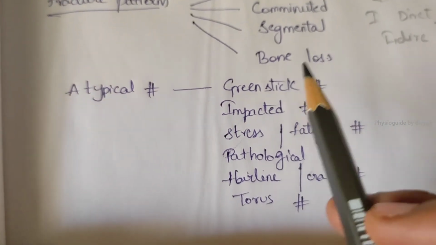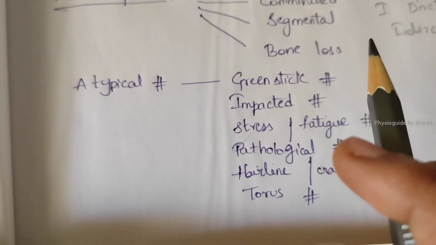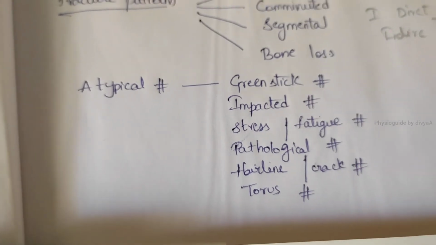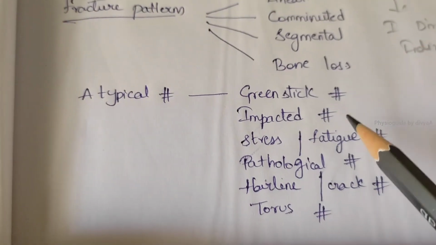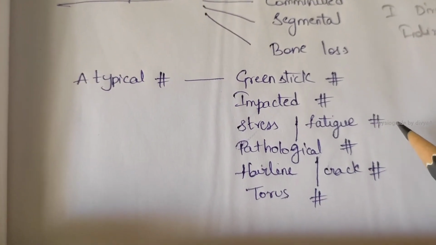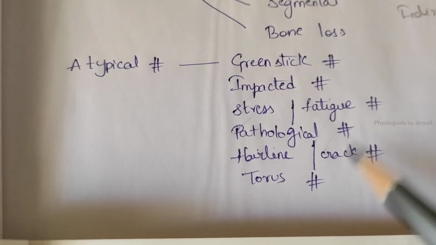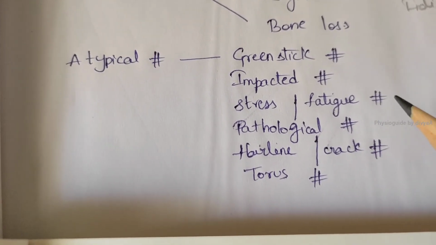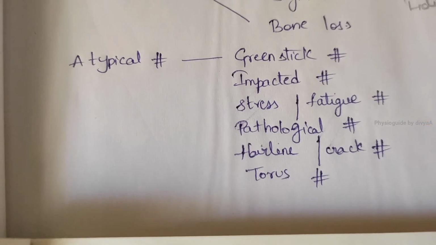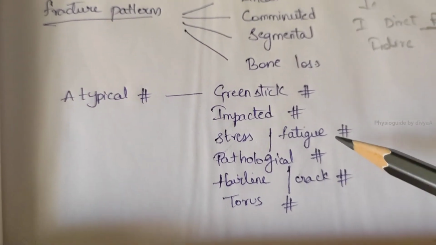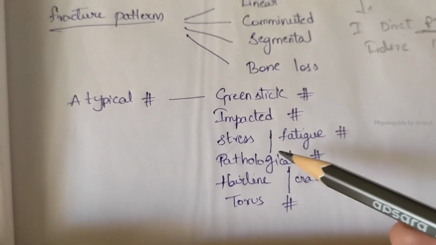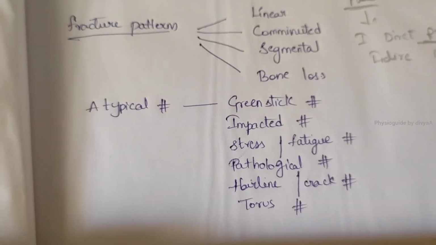Here the fracture fragments are impacted, not separated. Next is stress or fatigue fracture. This is seen in patients due to repeated stress on that particular ligament or bone. We'll see these stress fatigue types of fractures.